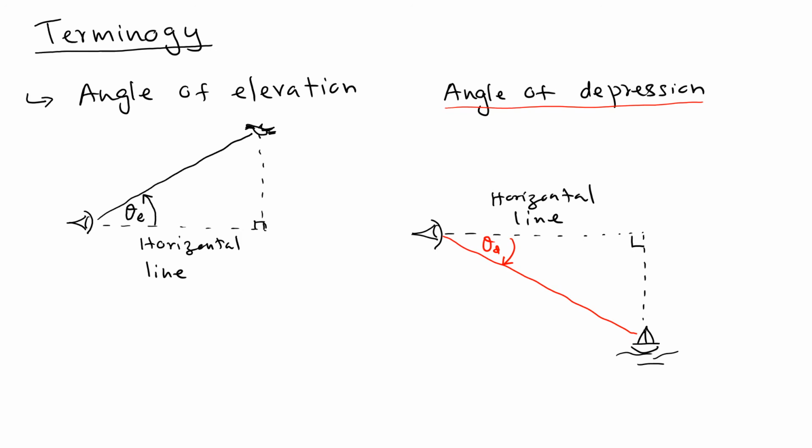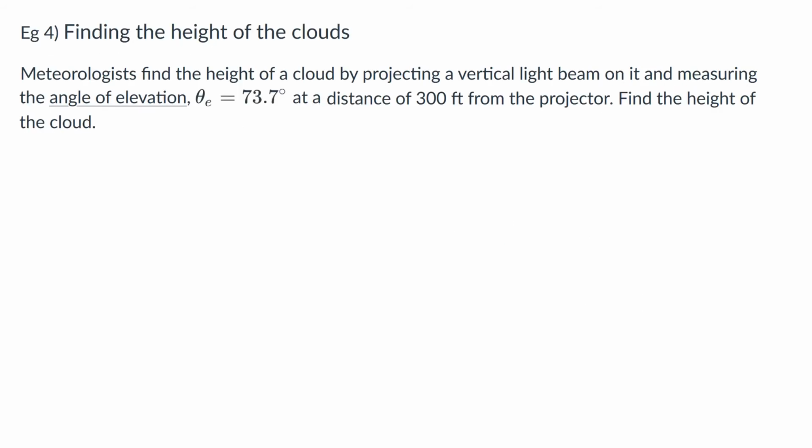But in theory they are just the same thing. It's just an angle from the horizontal line, so it doesn't really matter whether it's above or below, because it's just an angle. But there are some names that we use. So when you look below the horizontal line, it is called the angle of depression. We call it theta d. Now let's look at a problem.